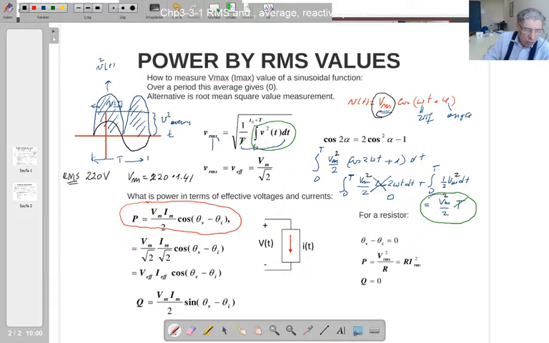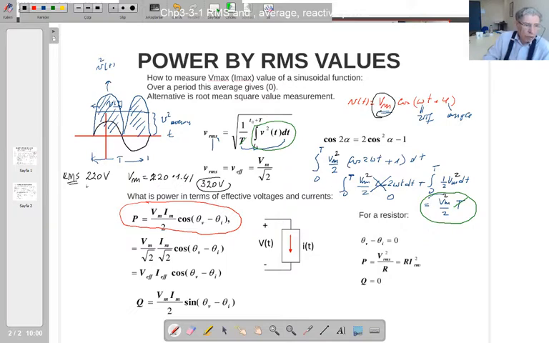So if you say it is 150, it's going to be 230, so that means it is in the range of 220 volts. That is the magnitude of it. That is the RMS value of it.